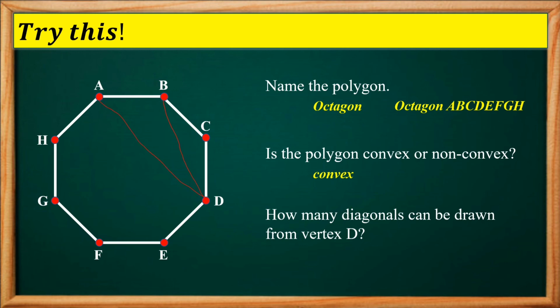Kay A. Kay H. Doon rin kay G. Dito rin kay F. E, hindi pwede. Okay, ilang diagonal yan? 1, 2, 3, 4, 5. Therefore, the answer is 5 diagonals from vertex D.